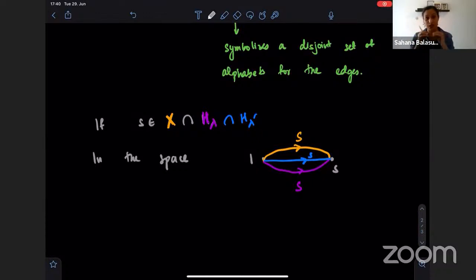In fact, it's just a slightly puffier version of this normal Cayley graph. But I have more edges with more colors, which allow me to distinguish between where I think of these elements as living. So I think of this element as belonging to X, this one belongs to the H lambda prime, and this one belongs to H lambda. And there's one edge for each of those.